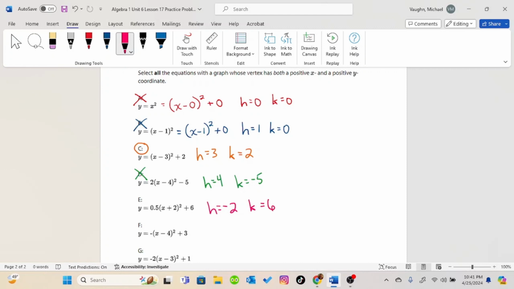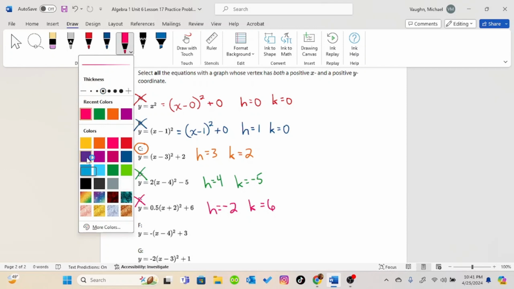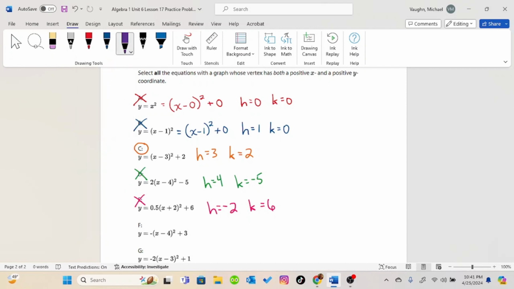The h is negative, the k is positive, so E is not a correct answer. Choice F, we have an h of 4 and a k of 3. The h is positive, the k is also positive, so F is our second correct answer.